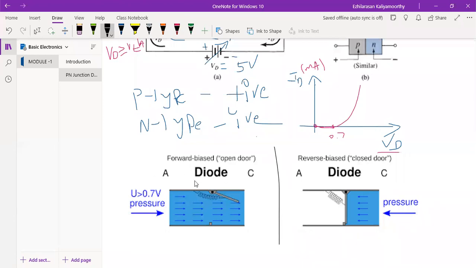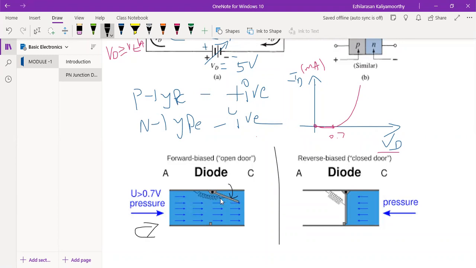See, forward bias is nothing but an open door. This is the water, which is nothing but the amount of voltage. As it increases, it presses the water. Here we have something like the stopper you might have seen on a door to close and open it, tied with a spring.